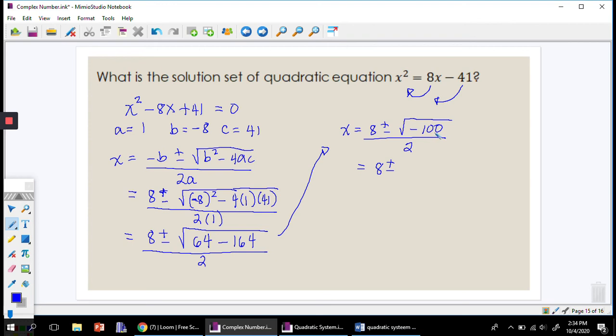Square root of 100 is 10, but since it's negative, that will be 10i all over 2. And then you divide each term of the numerator by the denominator 2, so 8 over 2 plus minus 10i over 2. 8 divided by 2 is 4 plus minus 5i.